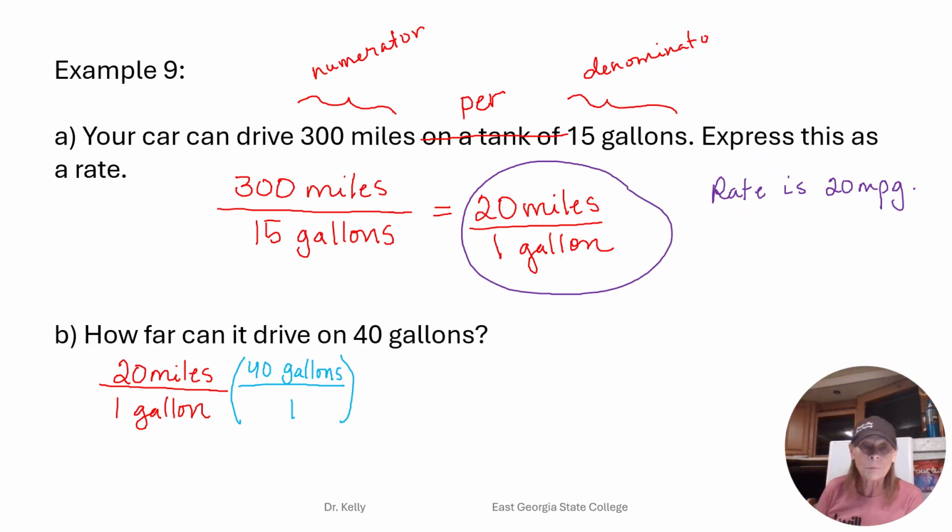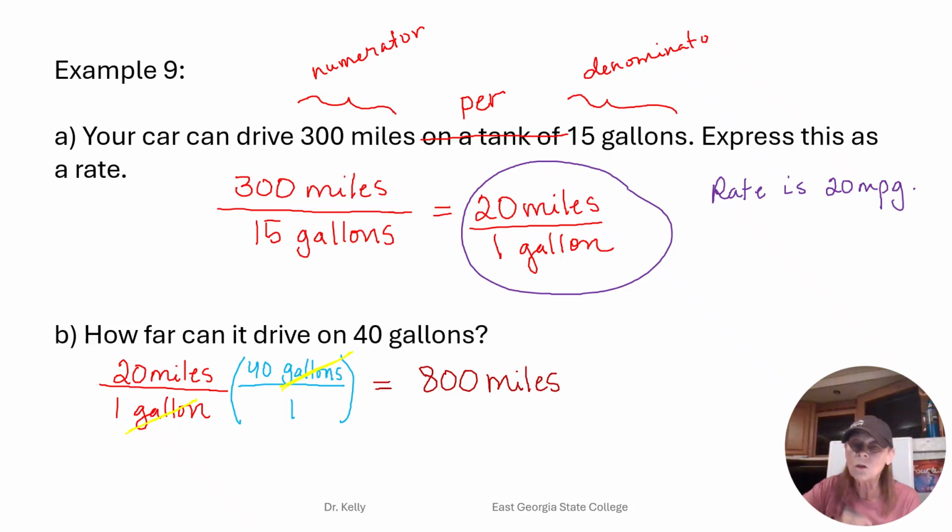So units must cancel on the diagonals, and because the gallon is down here and the gallon is right here, when we solve this problem and finish it up, this equals 20 times 40, which is 800, and we're left with miles. Not miles per gallon, not anything, because the gallons went away.